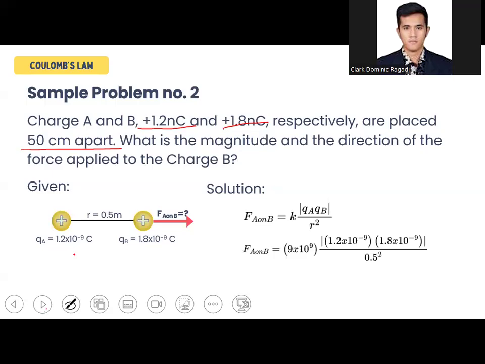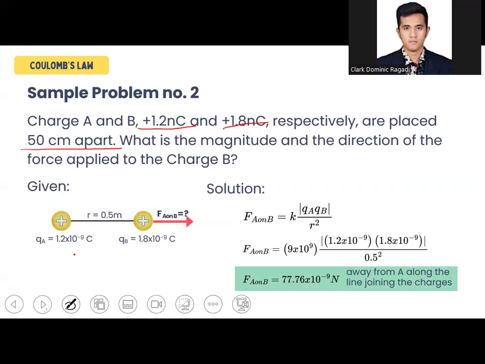You have 9 times 10 to the power of 9 times the product of the charges over the distance 0.5 squared. If you calculate that, it results in 77.76 times 10 to the power of negative 9 newton. Our direction is away from A, along the line joining the charges. That would be our final answer.